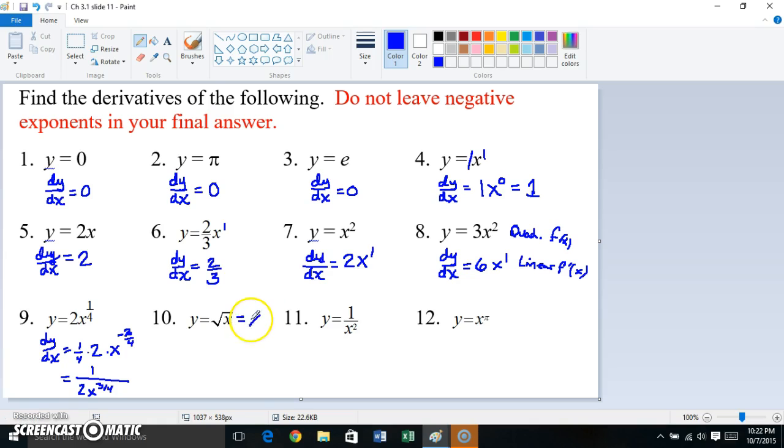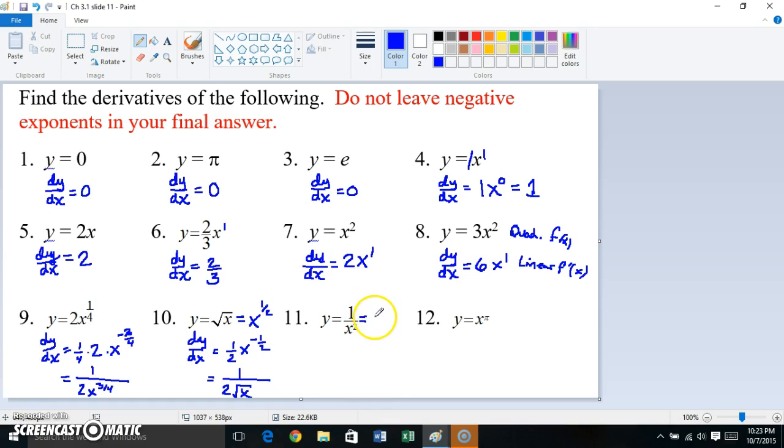All right, the square root of x is the same as x to the 1/2. dy dx would be 1/2 x to the negative 1/2. Writing that with positive exponents, that's 1/2 the square root of x.